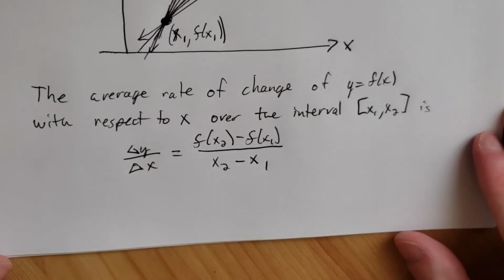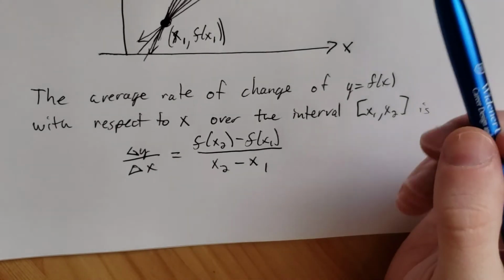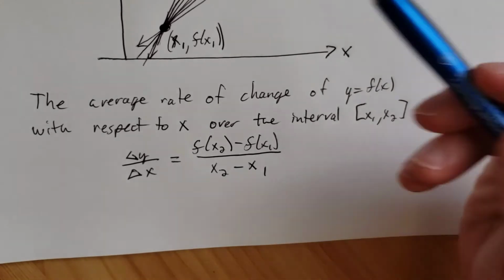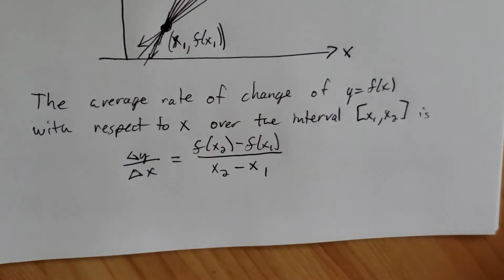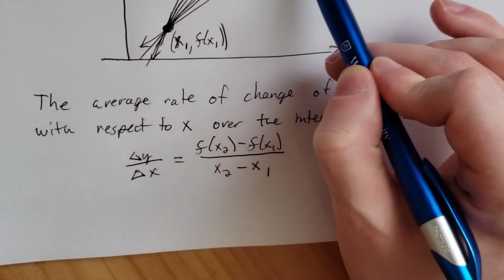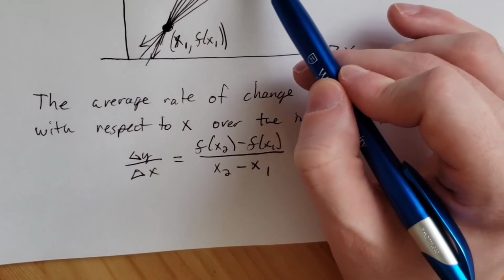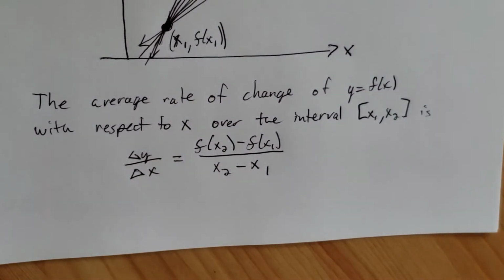So this is our same formula that we wrote down for the average speed earlier. So really, these are the same problem. Again, what we're trying to do is find the slope of this tangent line, and we can do that by estimating slopes of secant lines as the second point here approaches the first point.